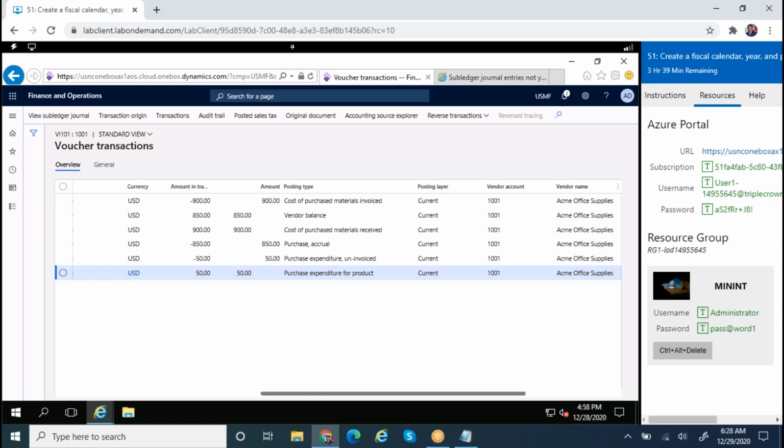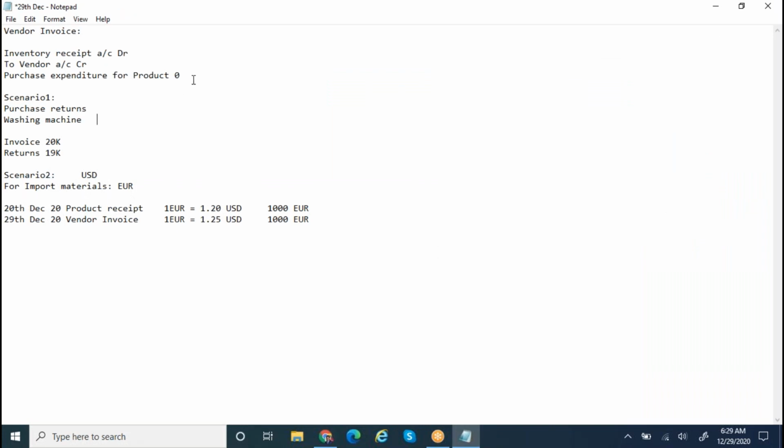It is simple, but whenever it is the very start, it is very difficult for you to understand. Now we need to understand this one, the scenario. Okay, this is the first scenario. So during product receipt also, there is an account, it was posted.